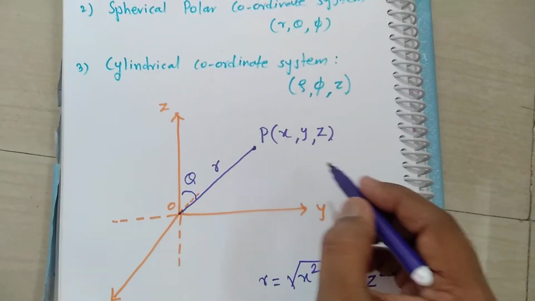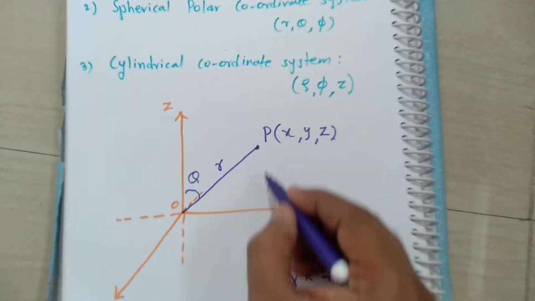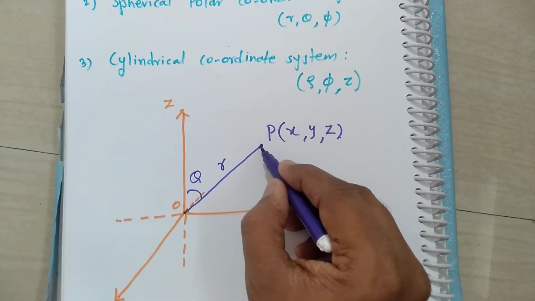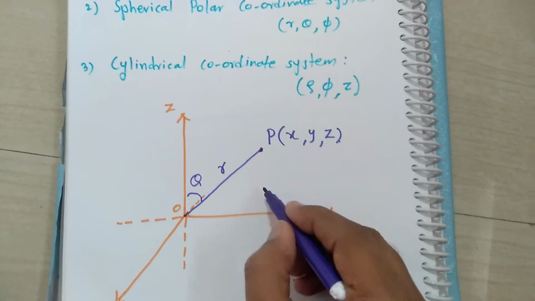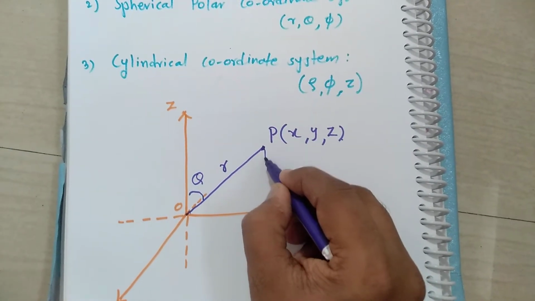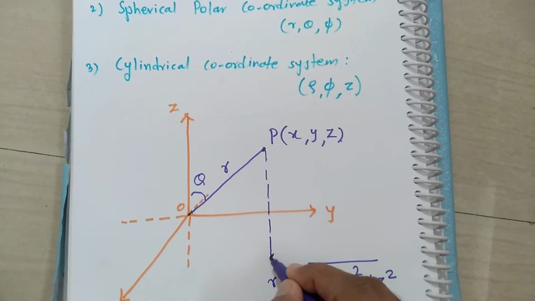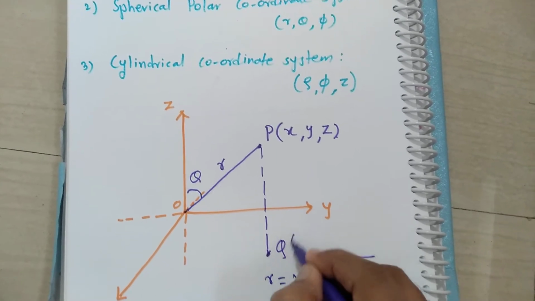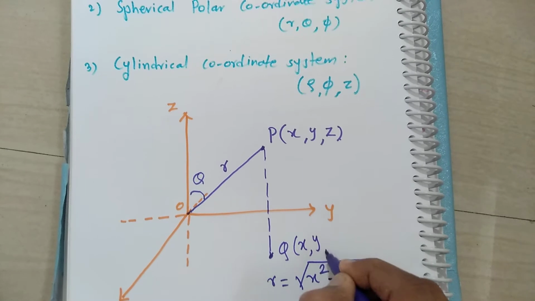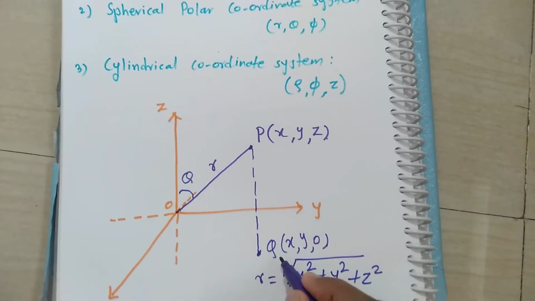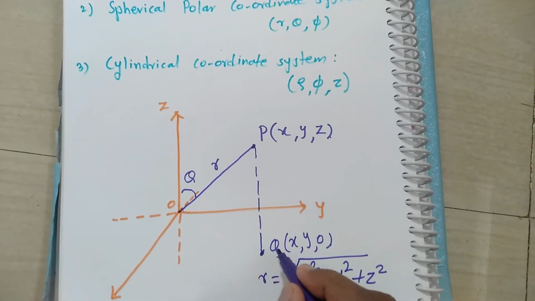Now what is the third spherical polar coordinate, phi? You project this point P orthographically on the xy plane. The projection of that point is point Q. Of course, since we are projecting, the z coordinate becomes 0. So the coordinate of point Q is x, y, 0.